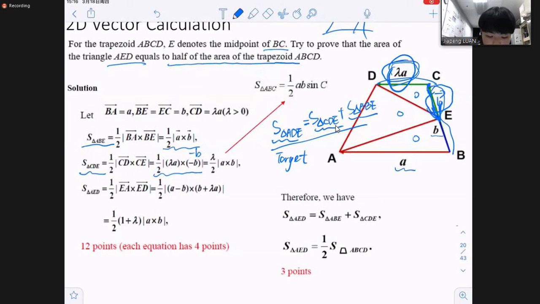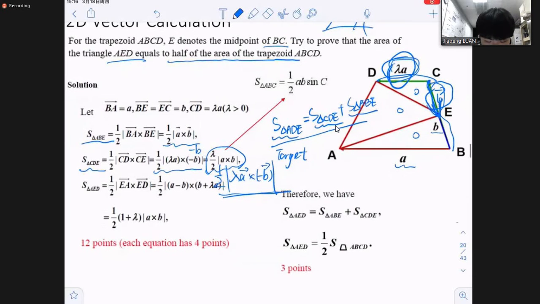So the standard way is to write this minus B. But since you have taken the norm, the minus disappears. And then you take out the lambda, and also take out this minus 1. Then you can get this. It's the area of CDE.